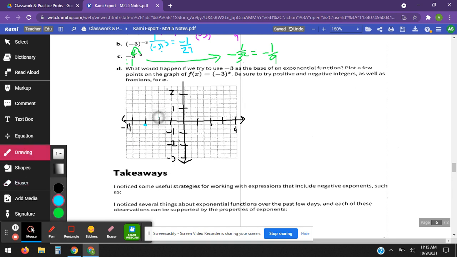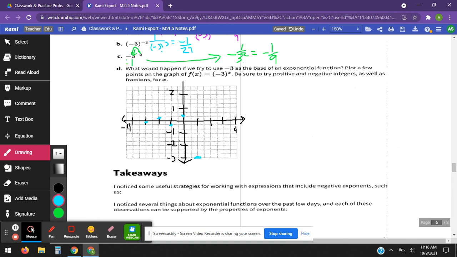Wrong direction down here, 1/9. Wow, I'm struggling today. Let's try this again. This was the -1/3, this was the positive 1/9, and then this one was the -1/27, which is really close to the line. If I do -3 to the 0 power, I get a 1. If I go -3 to the first power, it's a -3.